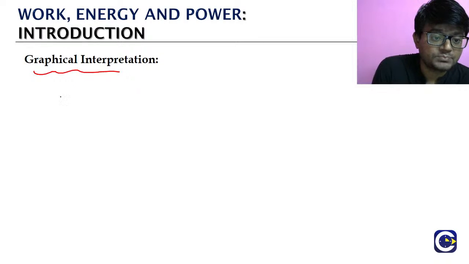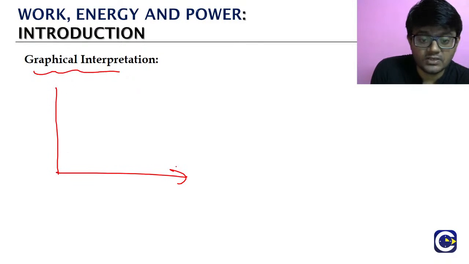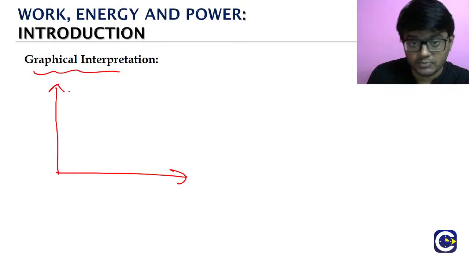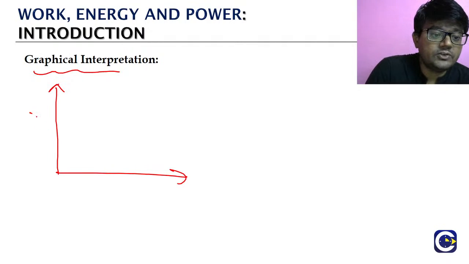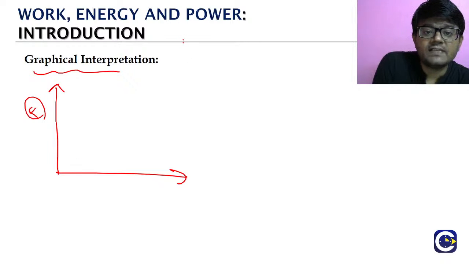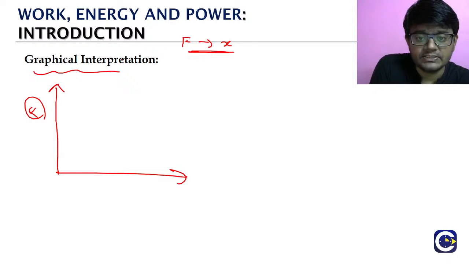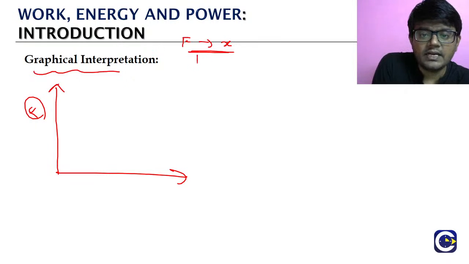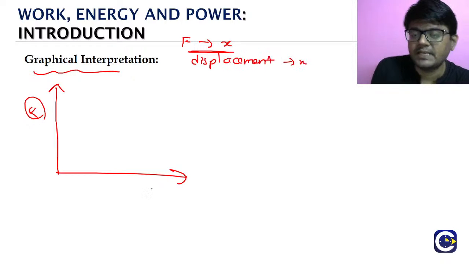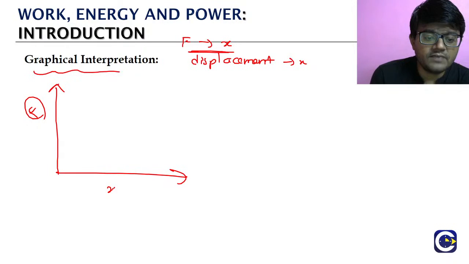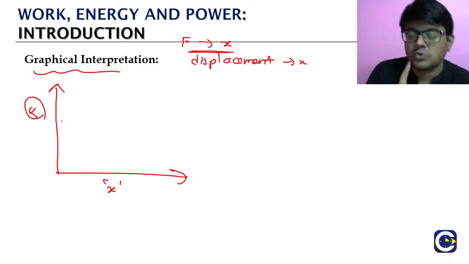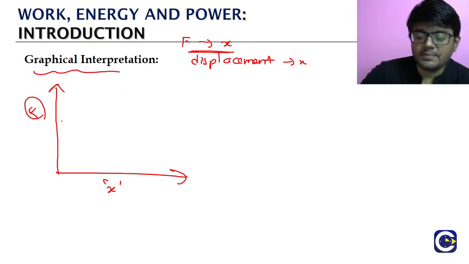Let's see how. First of all, we should be given the graph; if the graph is not given, we cannot proceed with this approach. So if, for example, the force is along the x direction, as in the case we saw before, and the displacement is also along the x direction, meaning force and displacement in the same direction, then if they give us the force value with respect to the x coordinate, how that force is changing with respect to the position.